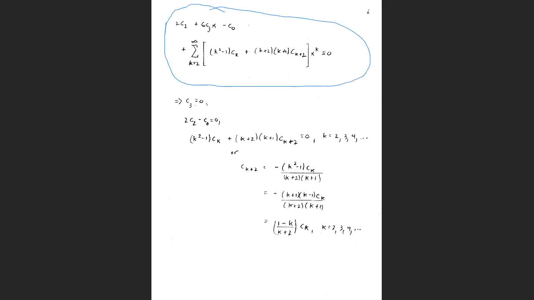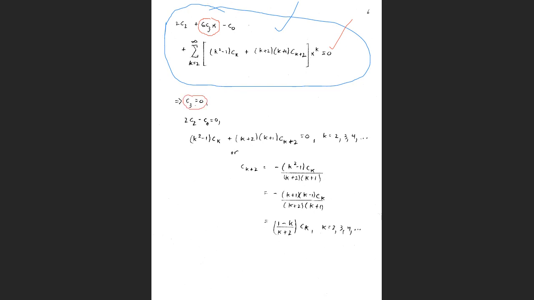And then, based on the fact that the left side equals the right side of this equation, the 6 times C3 times x term has to equal 0 for all x values. So that means C3 would equal 0.